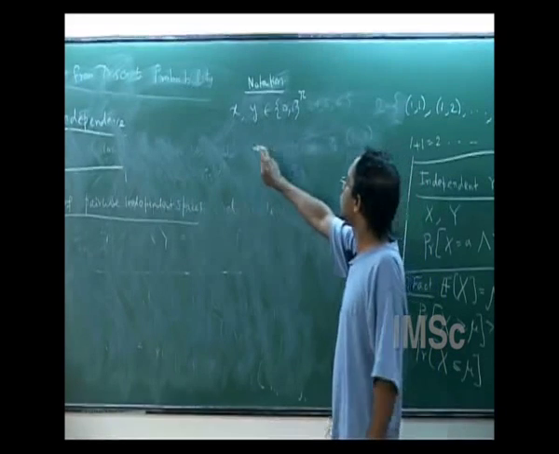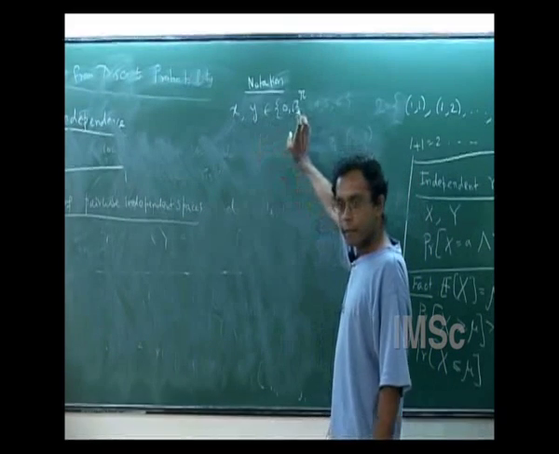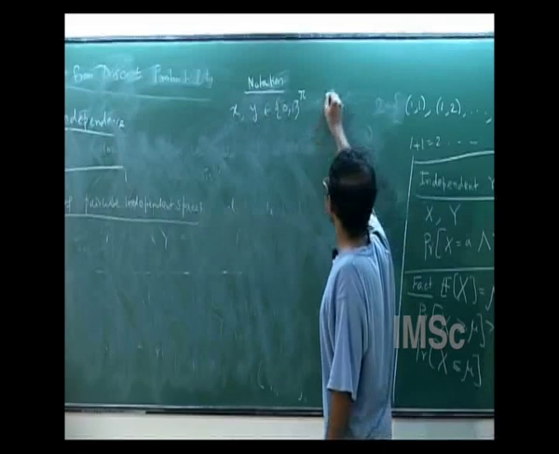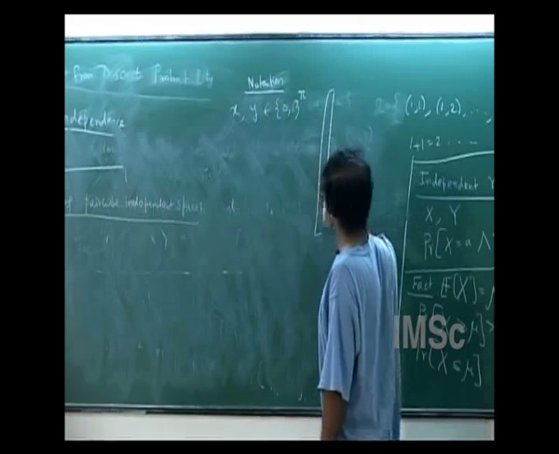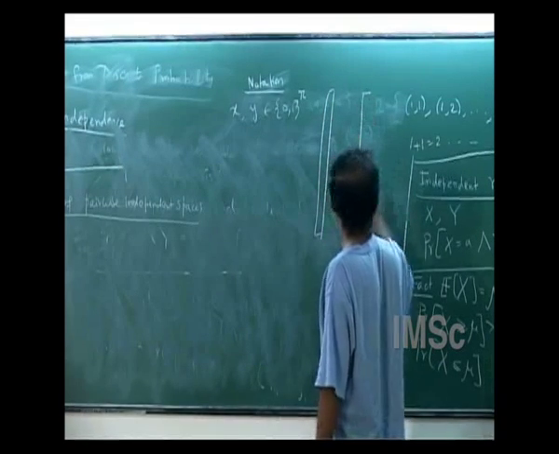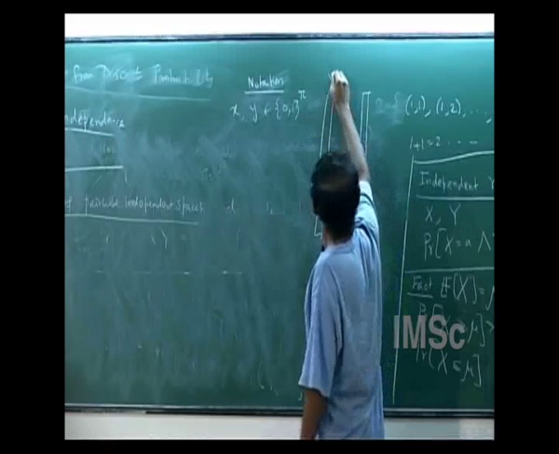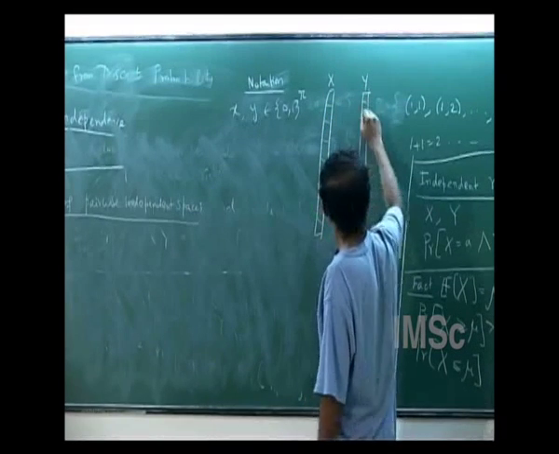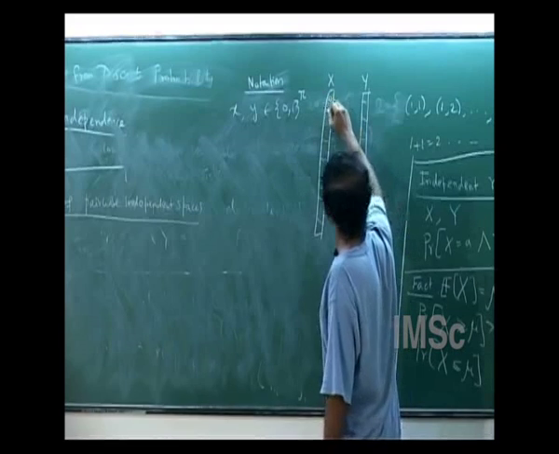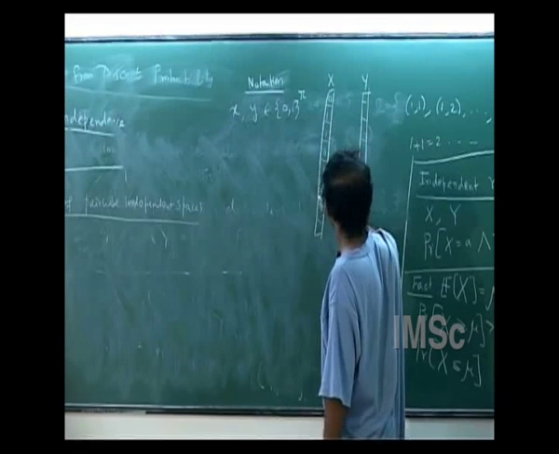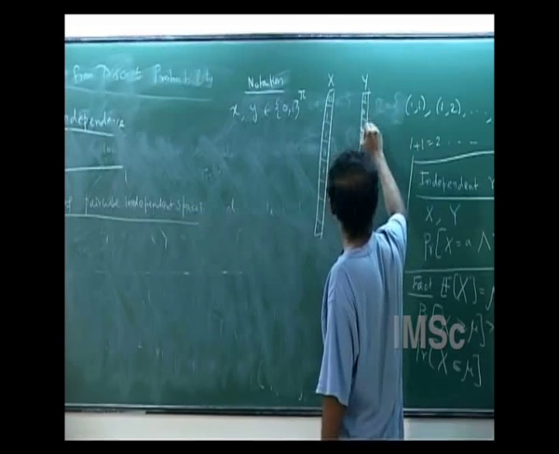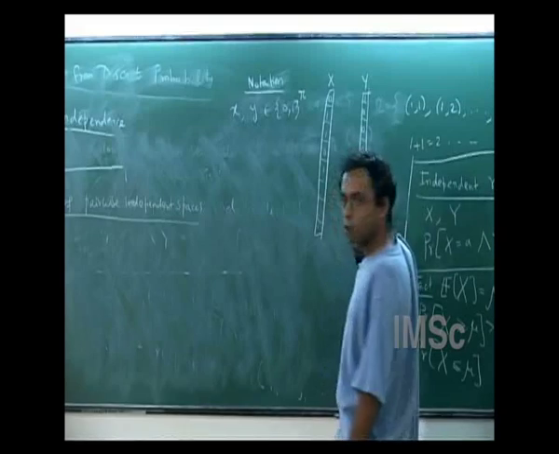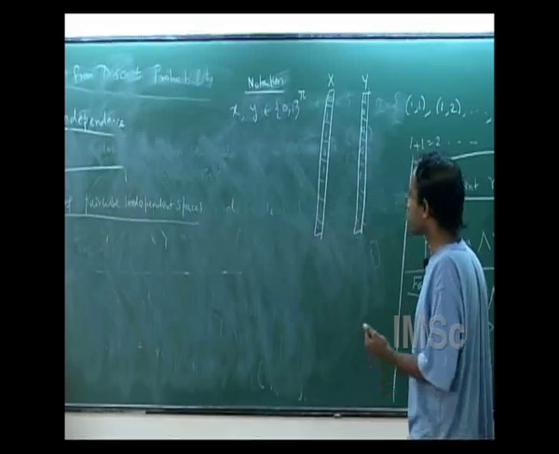Let's take two vectors x and y in 0, 1 power r. So x and y look like r-bit vectors, with bit positions filled with 0s and 1s.